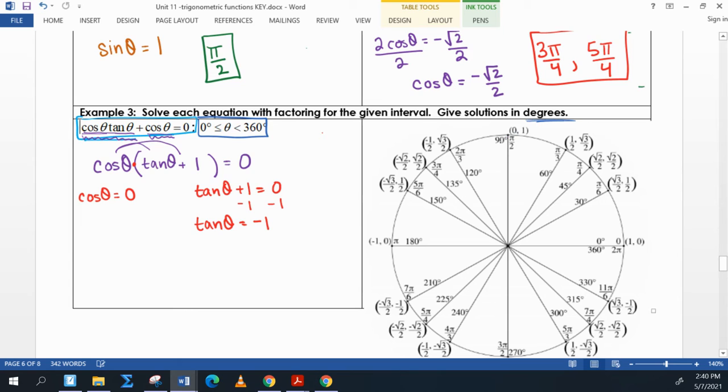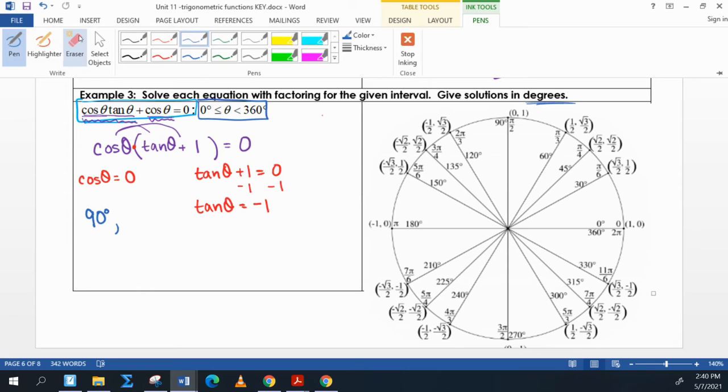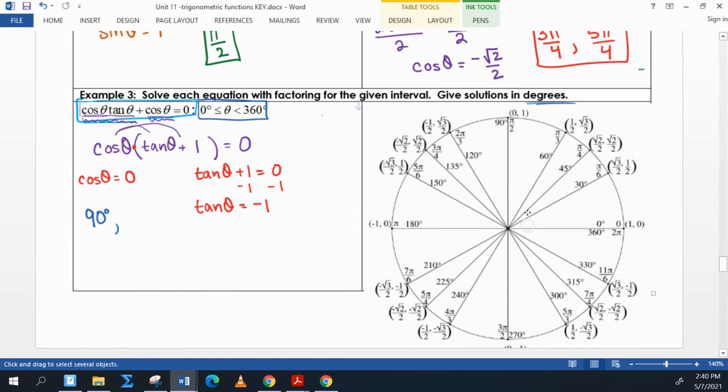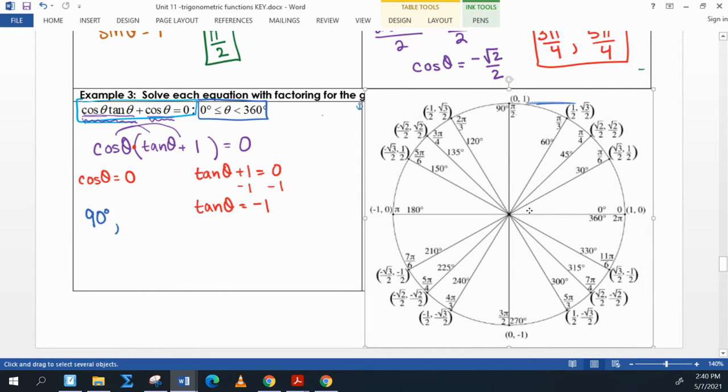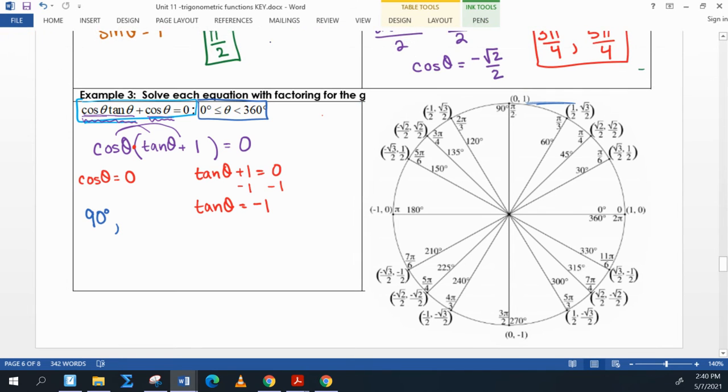Oh, there's one. 90 degrees for that one. Keep looking because there's probably another one, and there is, and I can't see it here. Let's move this up a little bit. All right, now can you see it? There it is right there. So there's my x is 0, so it's also at 270 degrees.